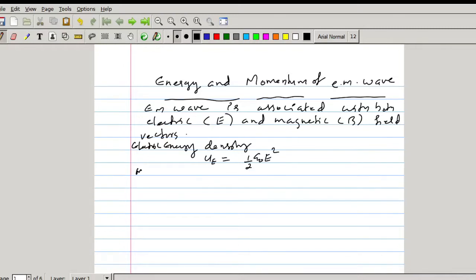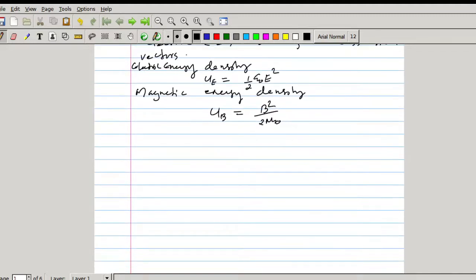What is magnetic energy density? Magnetic energy density UB is equal to B square by 2 mu 0. Electric energy density is half epsilon 0 E square. Magnetic energy density is B square by 2 mu 0.